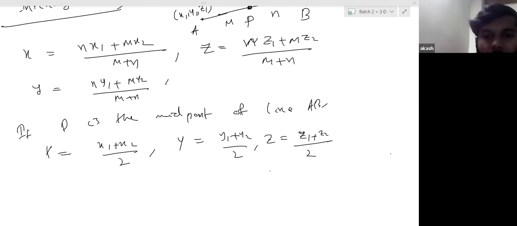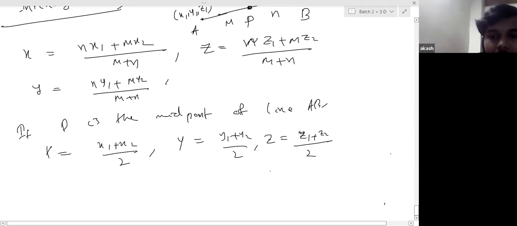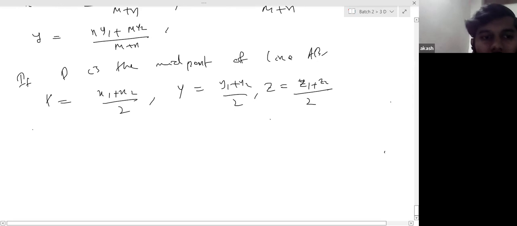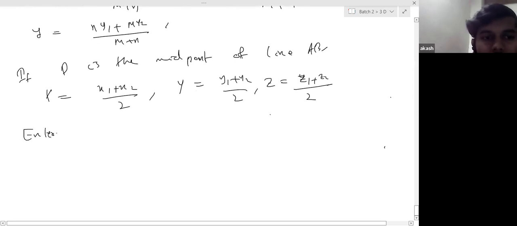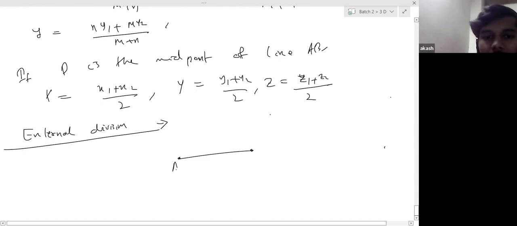All right. So this was internal division. Another thing is external division. What that means is if the line segment is AB, then the point lies outside the line segment.